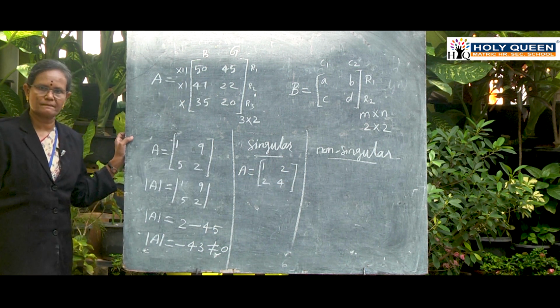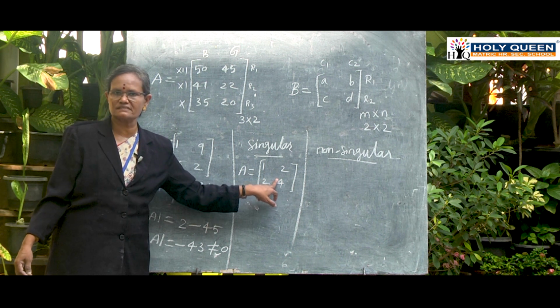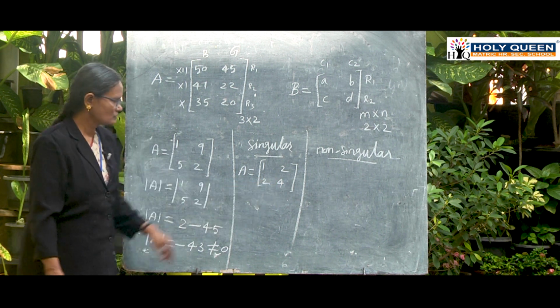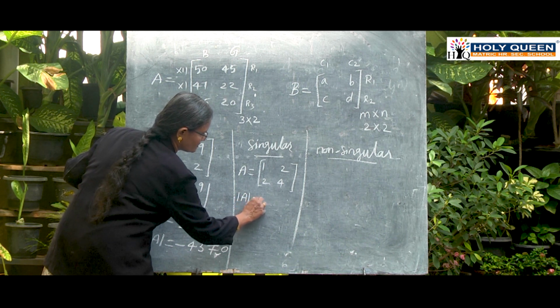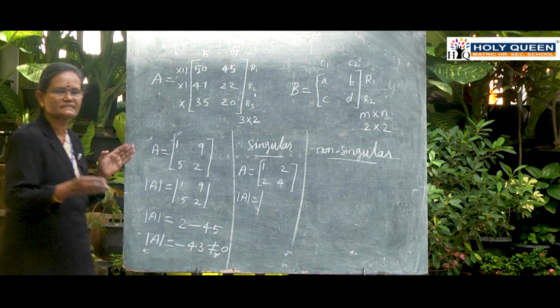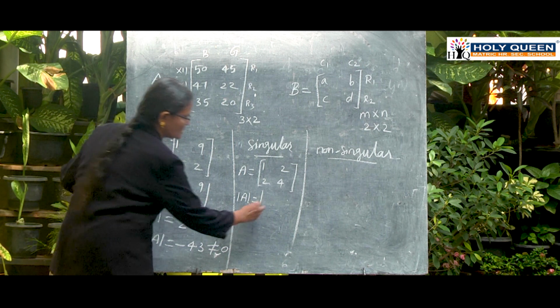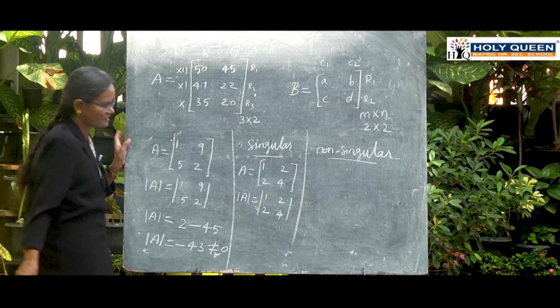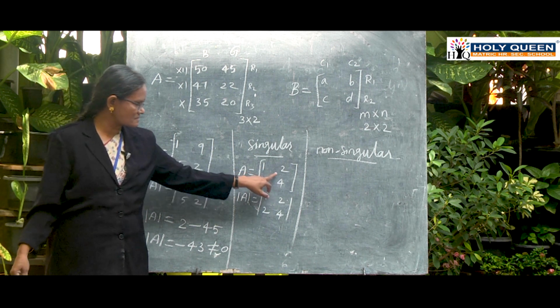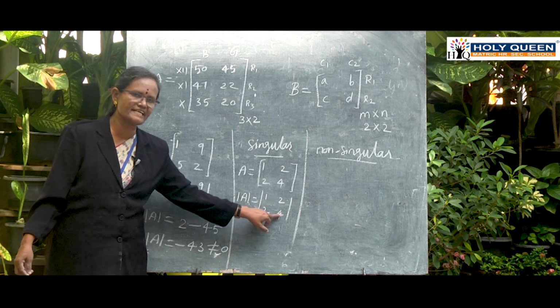This is matrix A because all the elements are covered within the square bracket. Now we can find the determinant value. Determinant of A has all the elements covered within vertical lines or parallel lines: 1, 2, 2, 4. See, the elements are the same. First one is matrix A, next one is determinant of A.